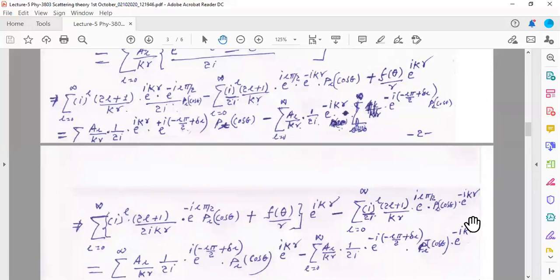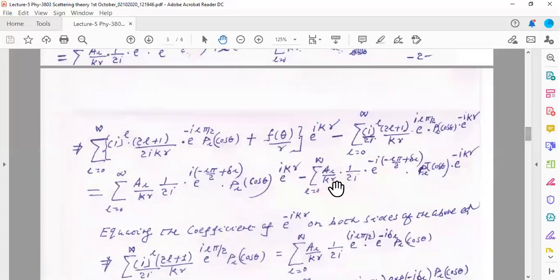And you write the coefficient of e to the power of minus ikr on both sides. So let us compare. I am first equating the coefficient of e to the power of minus ikr on both sides. Please remember there is a minus sign here, and on the other side there is also a minus sign, so this minus and minus will cancel ultimately.